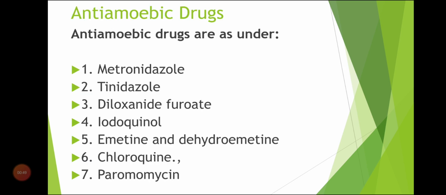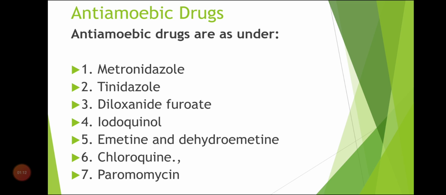Learners, in the first part, that is the first lecture, we learned the azole class of anti-amoebic drugs. In that lecture, we learned metronidazole and tinidazole and the introductory part about anti-amoebic drugs.